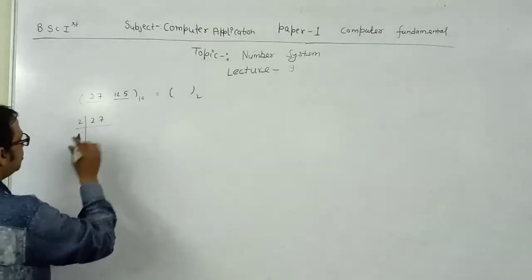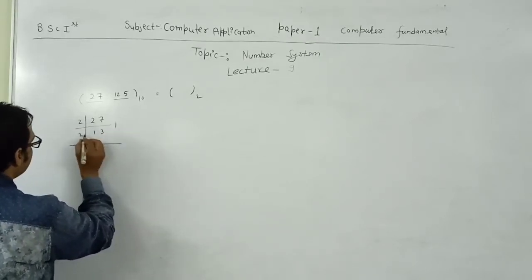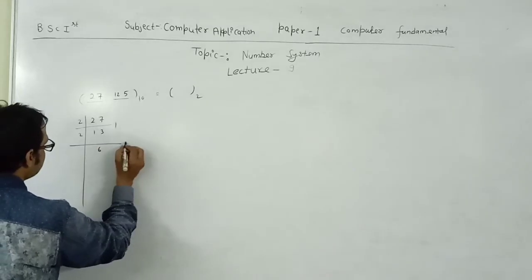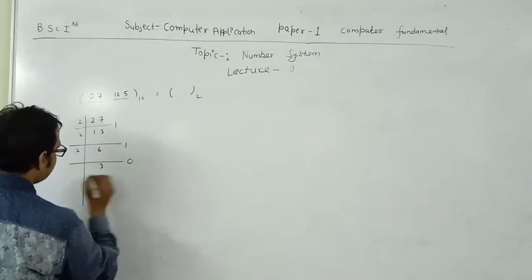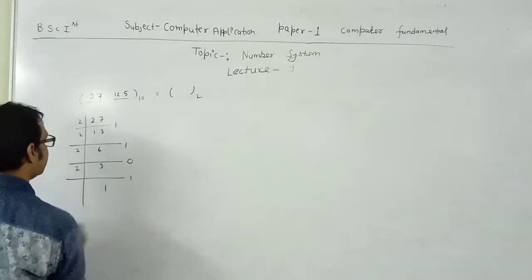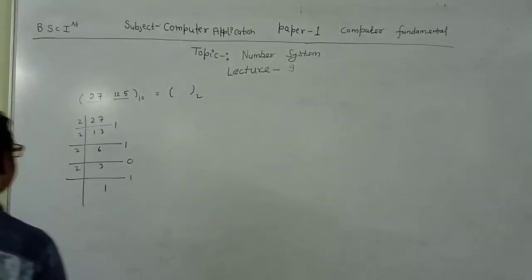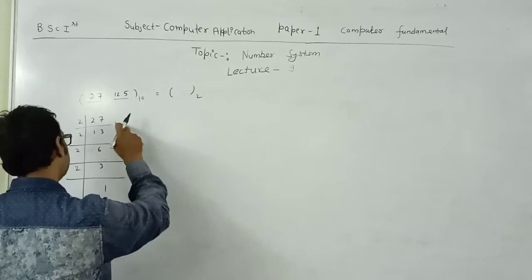So divide by 2, it gives you 13, remainder 1. Now divide 13 by 2, 6 with remainder 1. Now divide by 2, 3 with remainder 0. Now divide by 2, 1 with remainder 1. So this is 1, 1, 0, 1, 1.